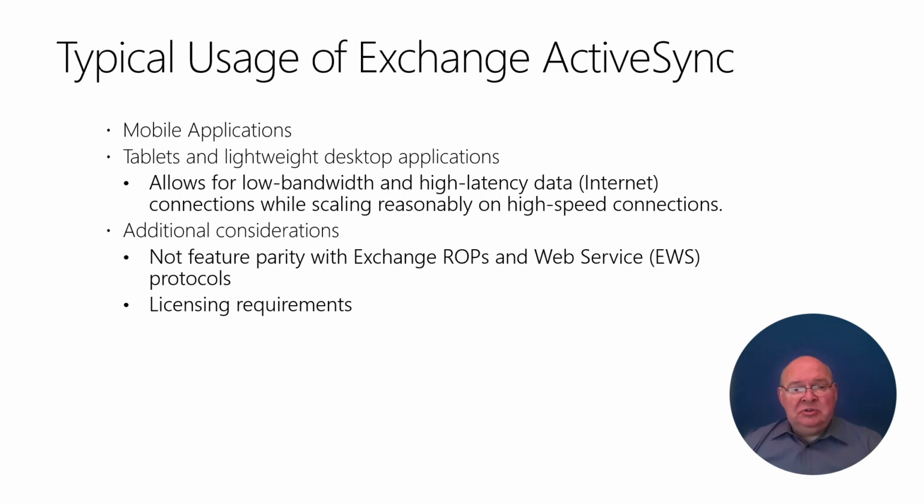It allows for low bandwidth and high latency data connections while scaling reasonably on high-speed connections. Additionally, you should consider that there is not full feature parity with Exchange ROPs and EWS protocols, and there are licensing requirements.